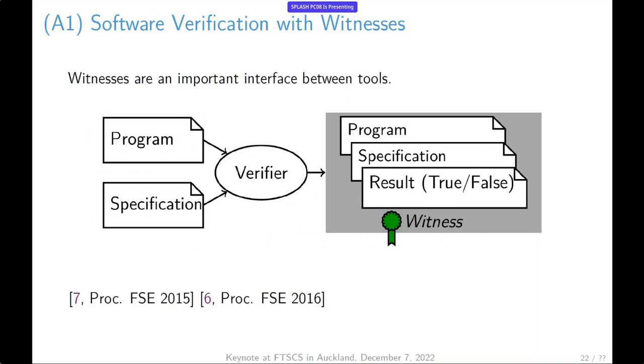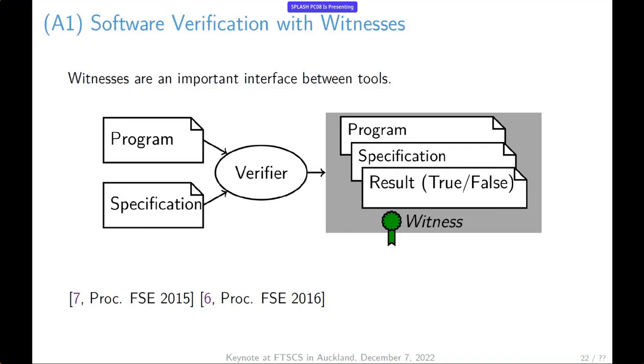Given a program and a specification, the verifier spits out the result. It is true that the program satisfies the specification, or false. But it wraps everything together in a witness. And this witness explains why the tool says true or false. It gives justification for it.